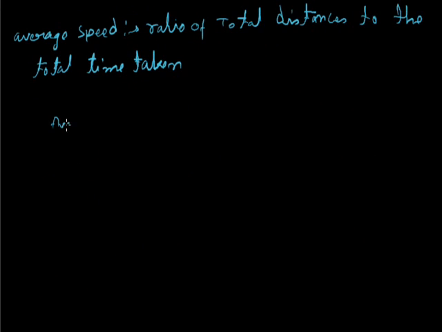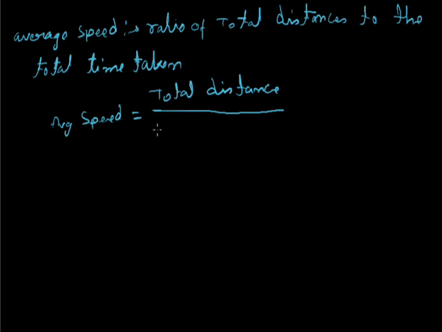In short form, AVG, average speed, is equal to total distance upon total time taken. So this is good for everyone to know, the definition and formula.